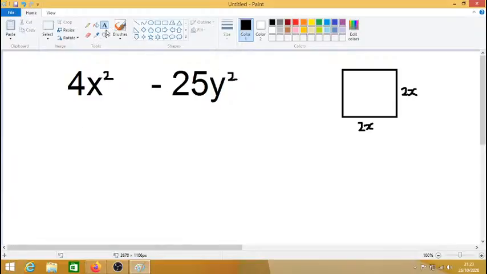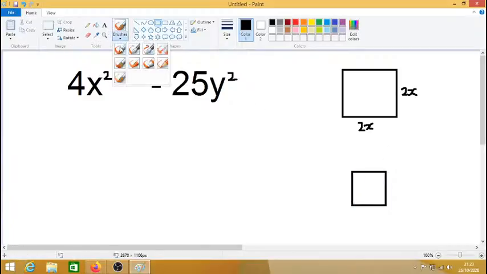The 25y squared, well that's the area, but what would the sides of that square be? Well, think of the square root of 25, we've seen that already today, so let's say 5, and then y, so 5y times 5y, that would give us the area of 25y squared.